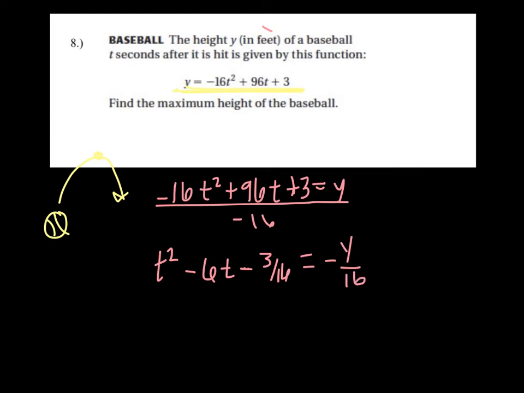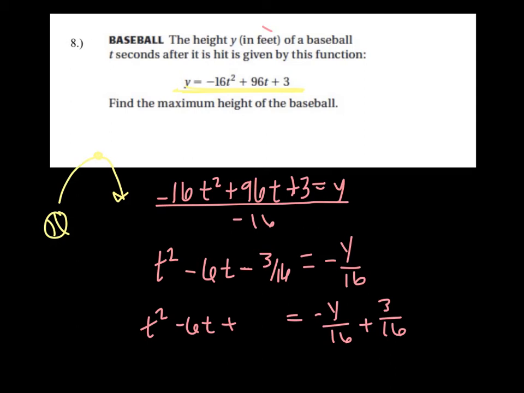So I am going to leave this as y 16ths and negative 3 16ths. But I am going to add that 3 16ths over. So I'm going to say t squared minus 6t plus what? Because we're going to find that value equals negative y 16ths plus 3 16ths. We've moved that 3 16ths over.